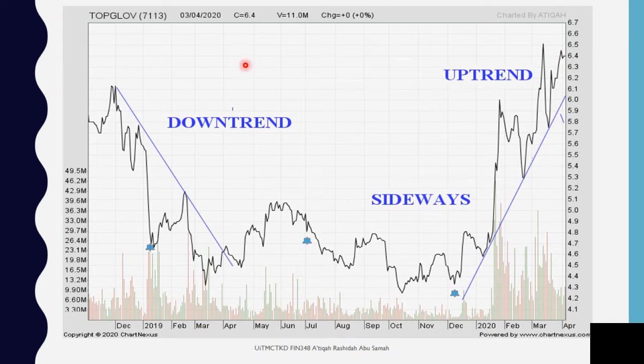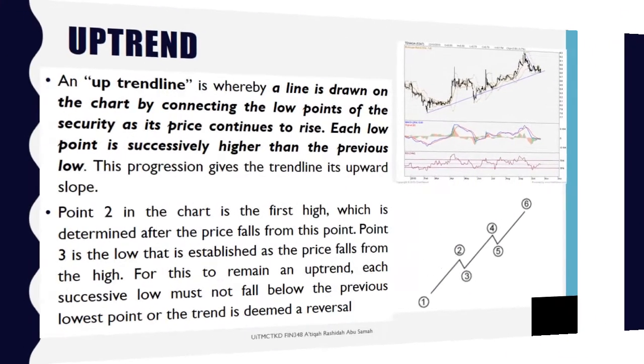So how are you going to draw the line? For the uptrend, you must draw the line below the closing prices, touching the higher lows here. For the downtrend, you have to draw the line above the prices, touching the highs here.